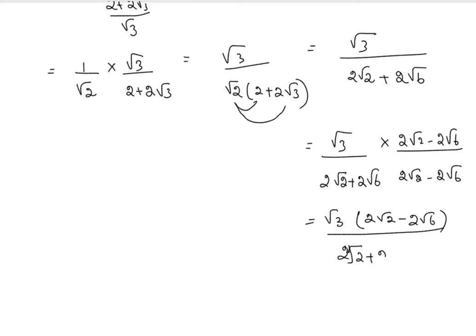That is, it is in the form of a plus b and a minus b. So I can write this as a square minus b square.